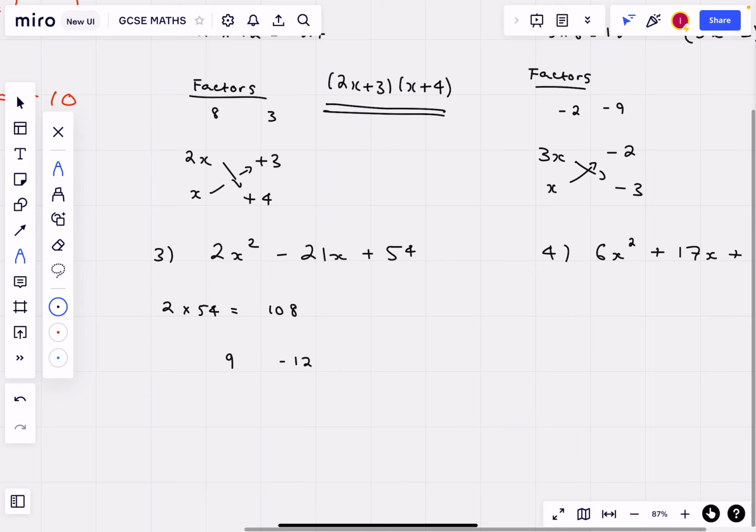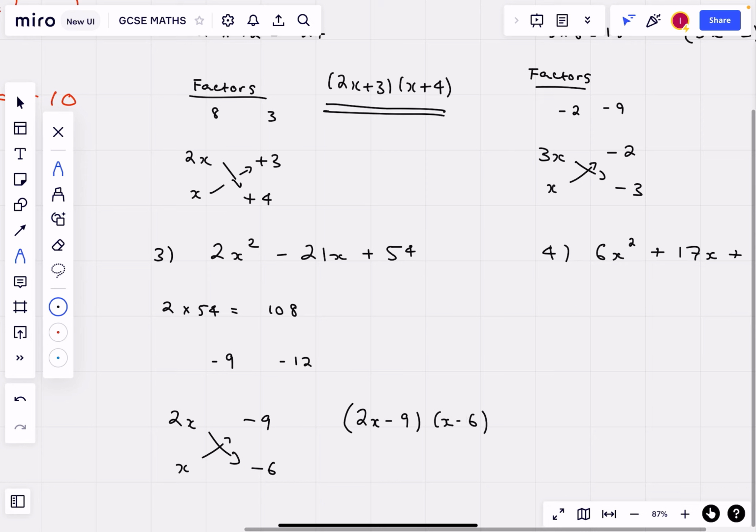Both negative. Those are my factors. I split 2x and x. I divide where possible. Minus 6 and minus 9. So 2x minus 9, x minus 6. There we go.